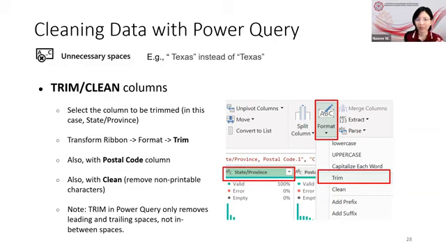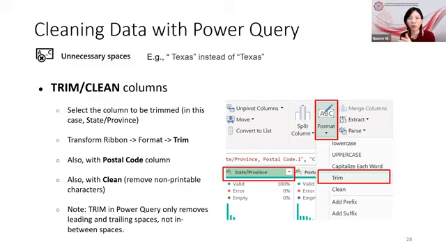Excel's trim removes unnecessary space in the front and at the back, and it also removes unnecessary space in the middle, because in most languages, if you have space in the middle of your strings, you usually only need one space. You don't need two or more, so it will get rid of those too.